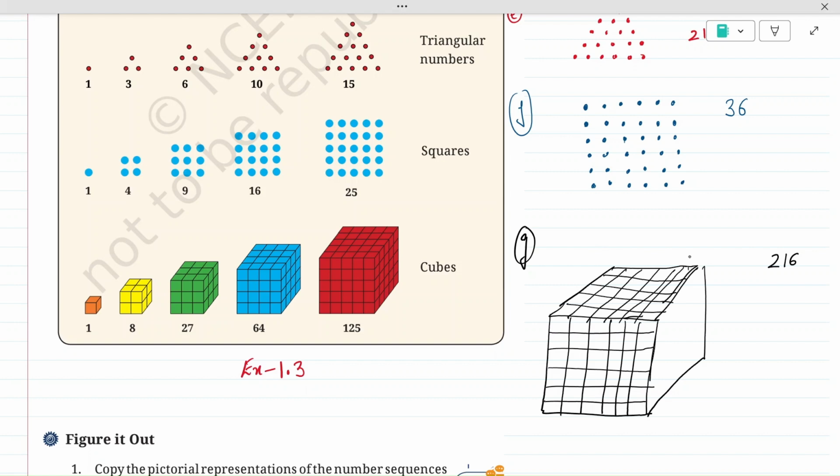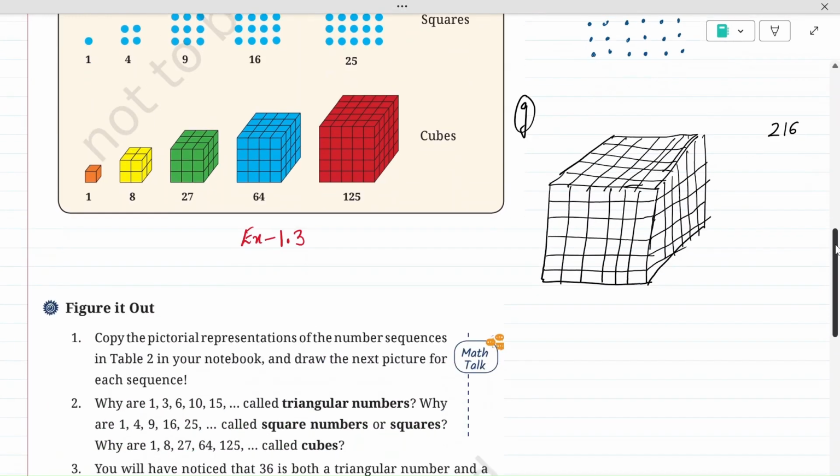So on all sides we should have 6 equal cubes. Again, 1, 2, 3, 4, and 5. And here as well, it will be 1, 2, 3, 4, and 5. So kids, when you're going to draw this with a scale, the cubes will be perfect. Okay, so this is how we have to make the cube of 6.